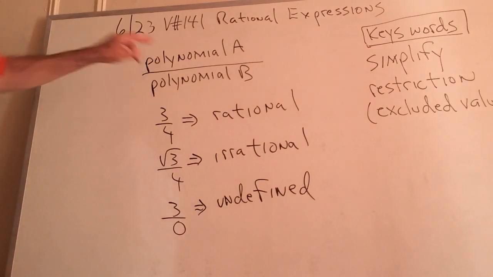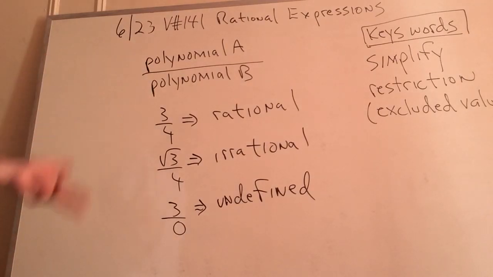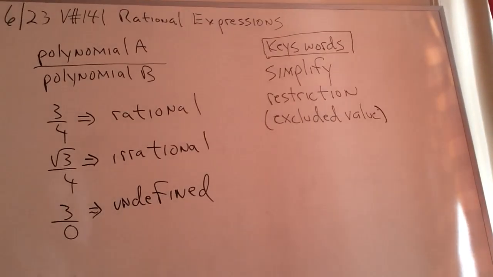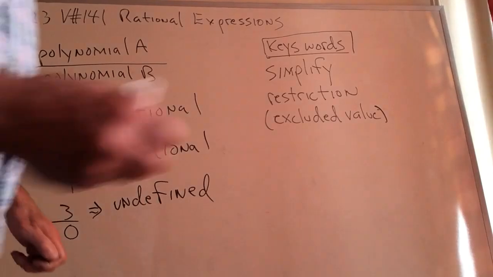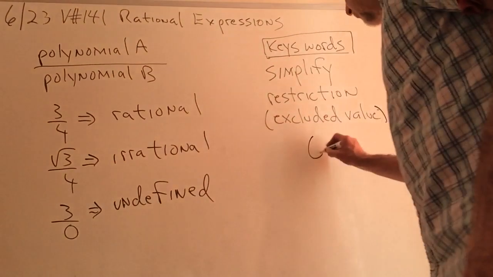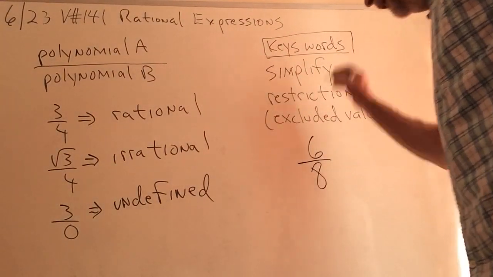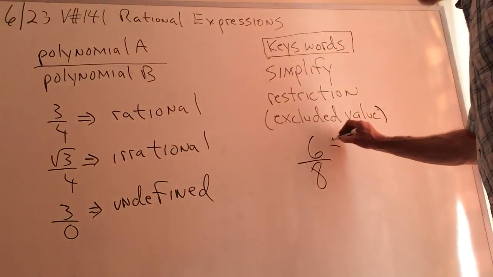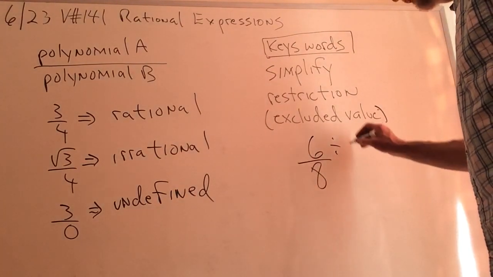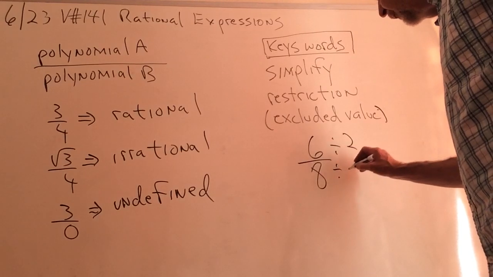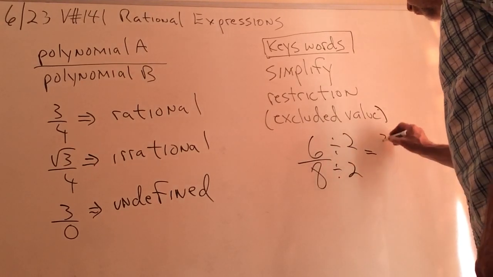And so when you put one polynomial over another polynomial, often it's the case, and that's all we're interested in, that you can simplify. That is, you can reduce. So for example, just to make the point with numbers, if someone told me 6 divided by 8, well, that's certainly rational. But we find a number that divides both sides, and we'd end up with 3 over 4.